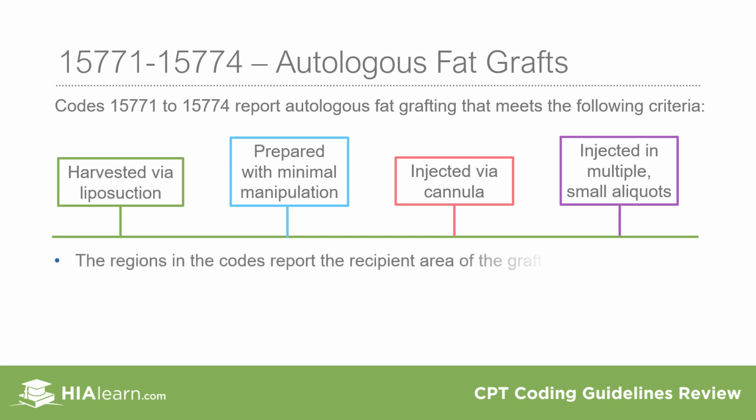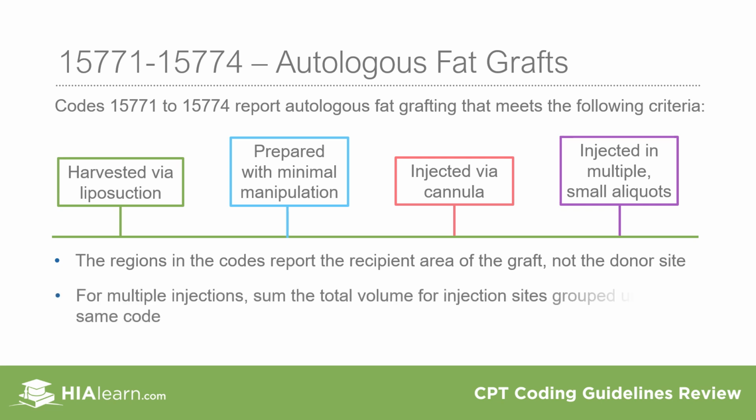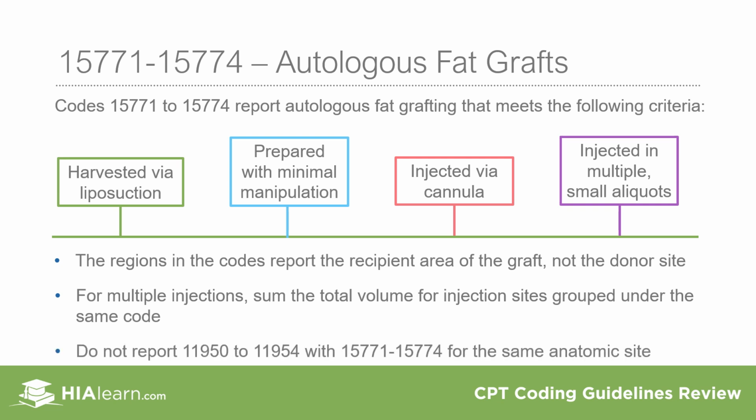The regions in these codes refer to the recipient area of the graft, not the donor site. For multiple sites of injection, sum the total volume of injection for sites grouped together in the same code descriptor. Codes for subcutaneous injection of filling material, 11950 to 11954, should not be reported with these codes for the same anatomic site.